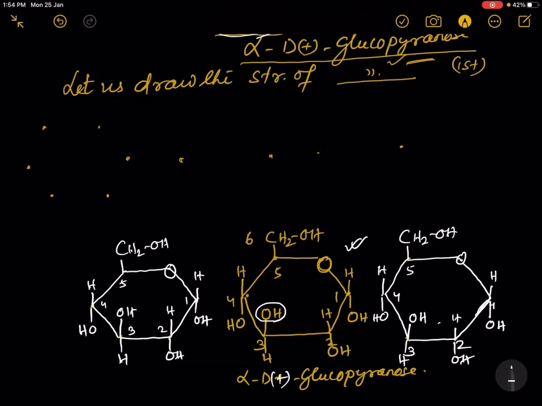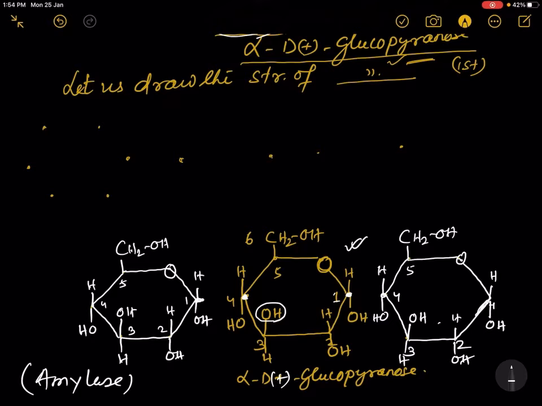Now, these are individual alpha D glucopyranose units. To form amylose, we have to make glycosidic linkage between this carbon and this carbon. Between this carbon and this carbon, we have to form a glycosidic linkage. Similarly, here we have to form a glycosidic linkage between this one.